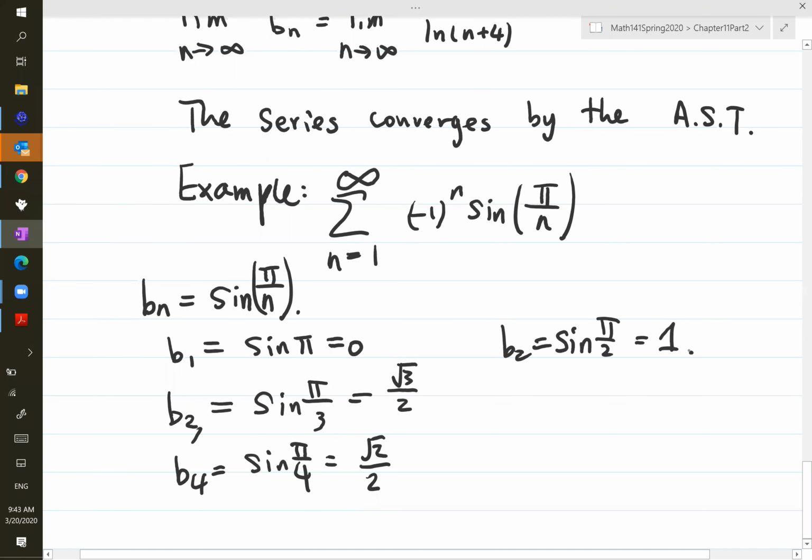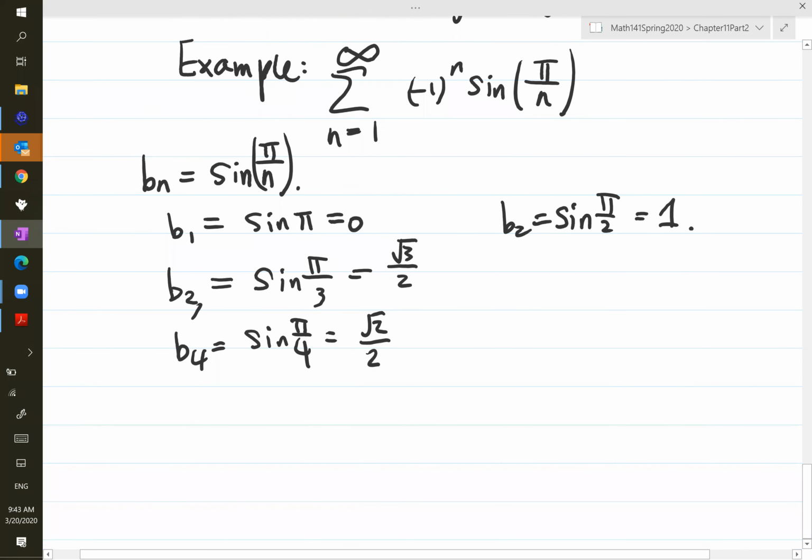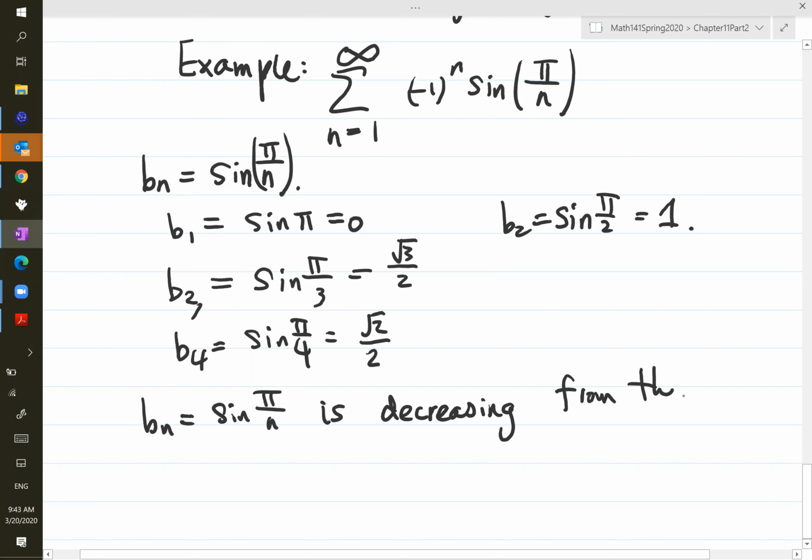So you see, this is decreasing except for the first term. So bn is decreasing from the second term.